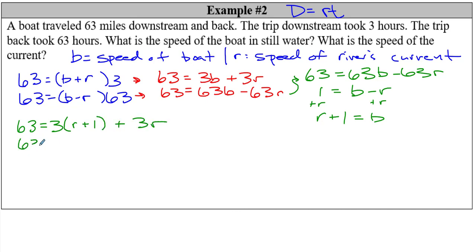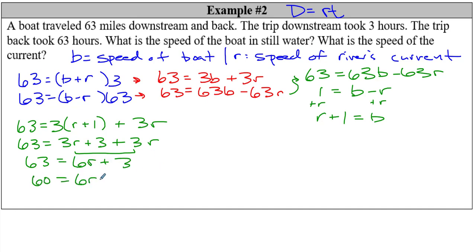So here we got 63 equals 3r plus 3 plus 3r. I want to combine my like terms. So I got 63 equals 6r plus 3. We subtract the 3. We get 60 is equal to 6r. And then we divide both sides by 6, and we get 10 is equal to r.